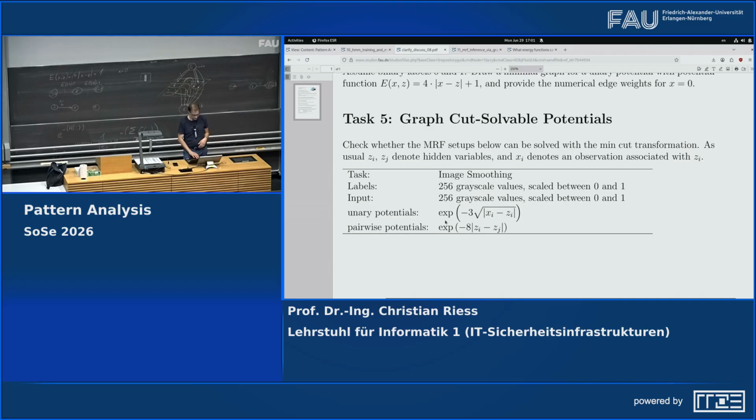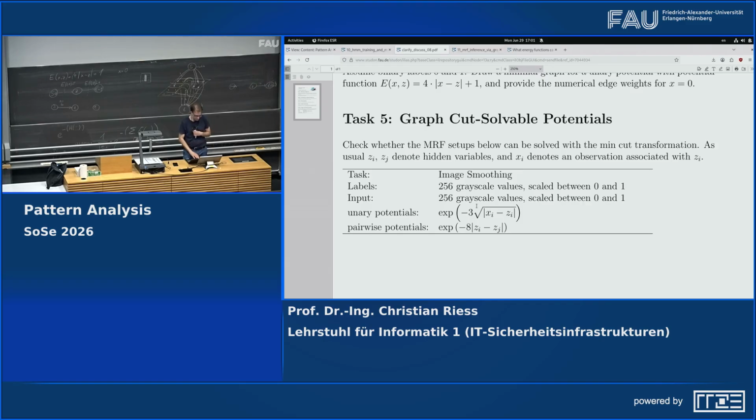Or for unary potentials or the data energy term, if for an agreement between the input and the hidden label there's a minimum, that's all fine, no? It's all fair game. How much sense it makes to play with these energy functions is a different question, but from a mathematical point of view, it works.